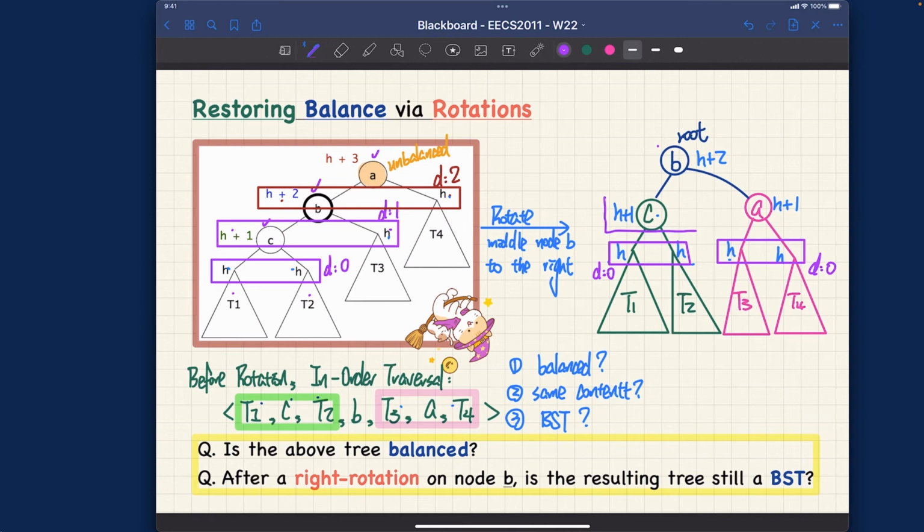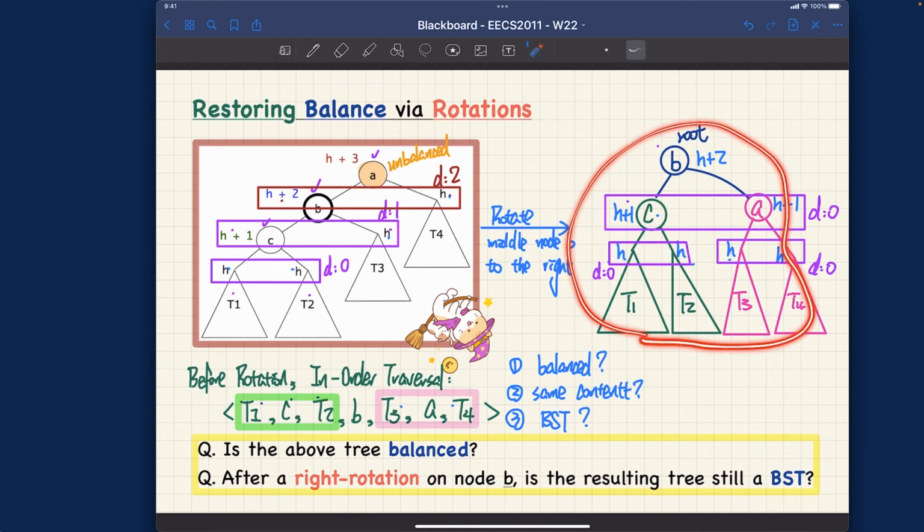And if you look at these two over here, the difference between H plus 1 and H plus 1 is 0. So awesome. Now we don't have any node that's out of balance. So this tree after the rotation is balanced because for every internal node, their children's heights differ by no more than 1. That's it by definition. So the first question, check.